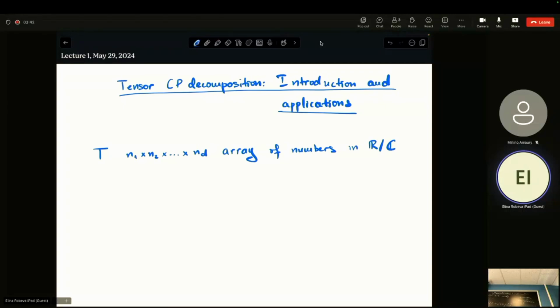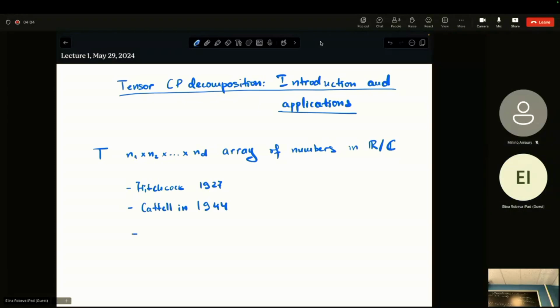So just a little bit of history. This decomposition was first suggested by Hitchcock in 1927, and then it was sort of forgotten, and it was again suggested by Cattell in 1944, and then it was again forgotten.